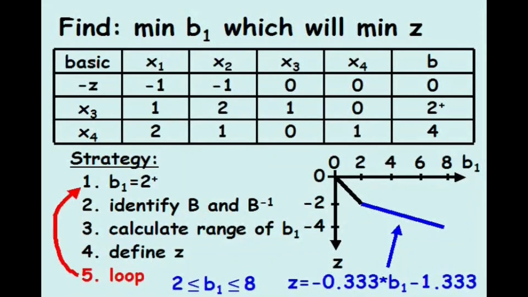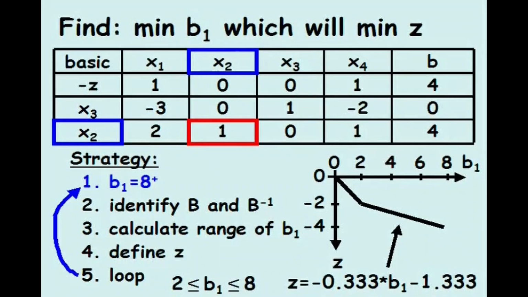Next, we'll set B1 equal to a value slightly greater than 8, denoted as 8 plus. Using the simplex method, variable x2 will enter the basis in place of x4, and after pivoting about variable x2, a unique optimal solution is found.